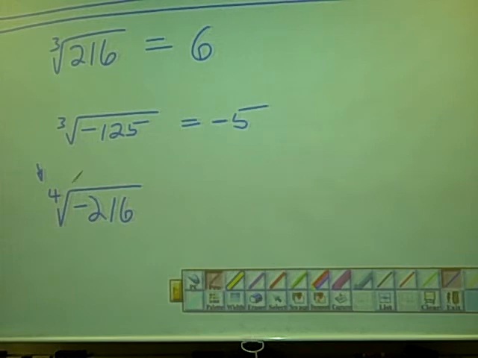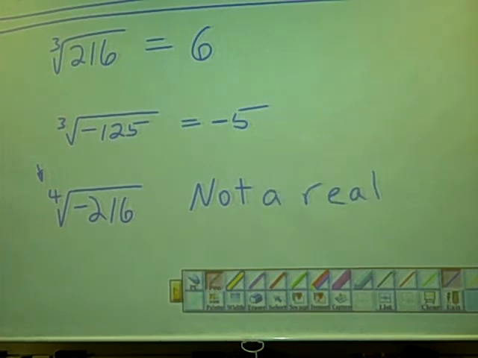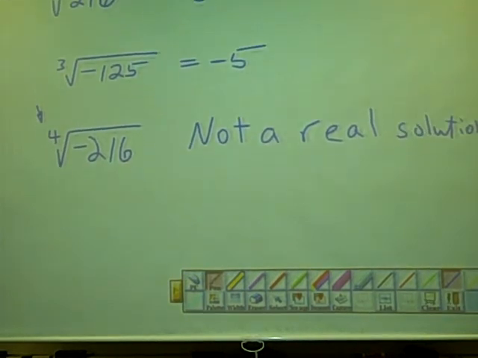Because it's an even root and we got a negative inside, so therefore it's not a real number. They may say real solution, but it can also be not a real number. Either one, real solution or real number. It's not real either way. All right, questions with that?